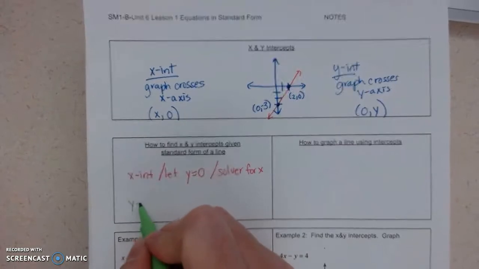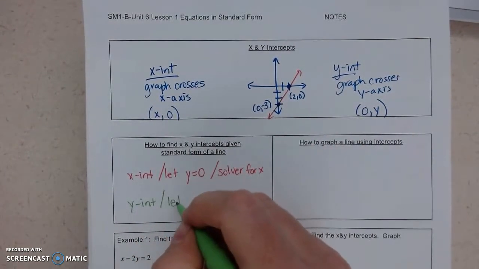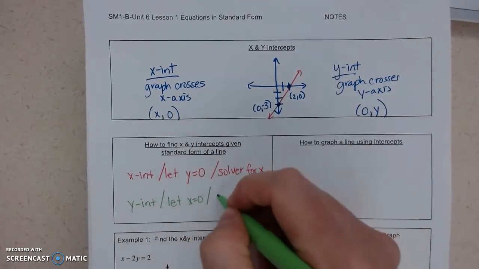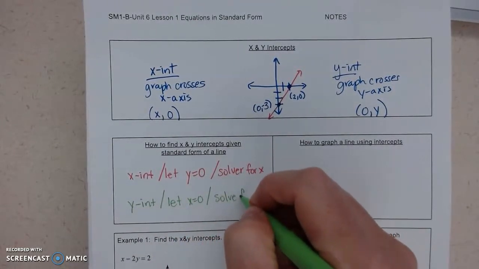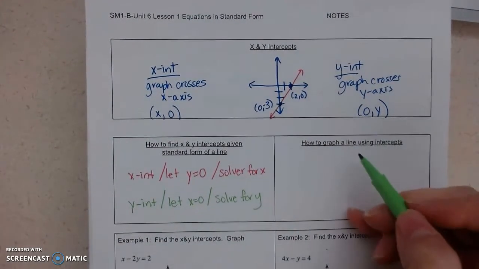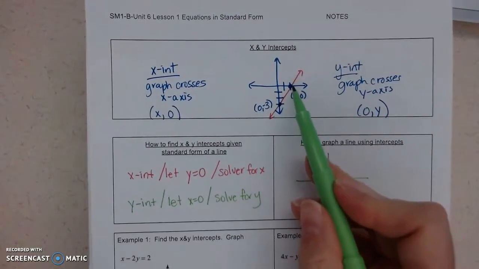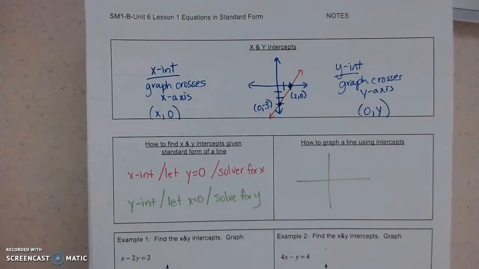The y-intercept, well, we know that x equals 0. We are going to solve for y. So then, once we graph the line using our intercepts, we're going to plot the 2 ordered pairs and connect the dots.